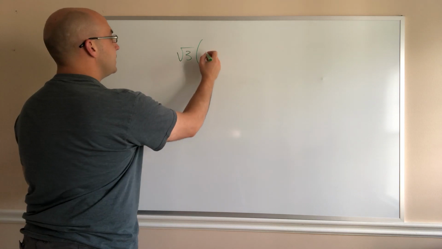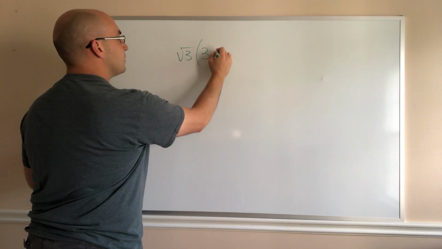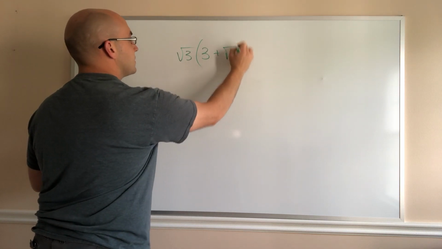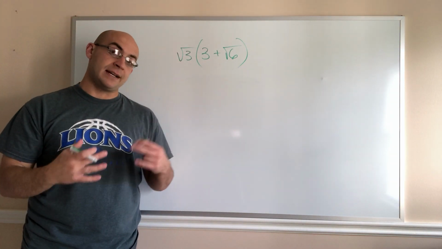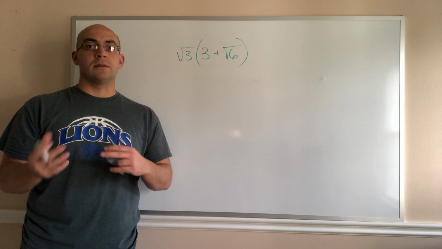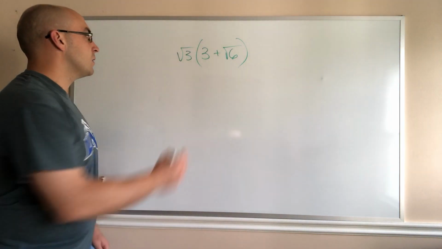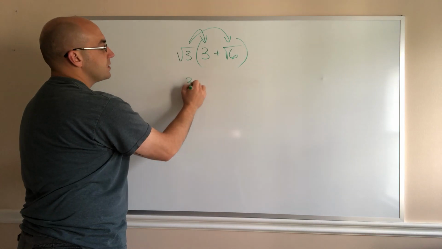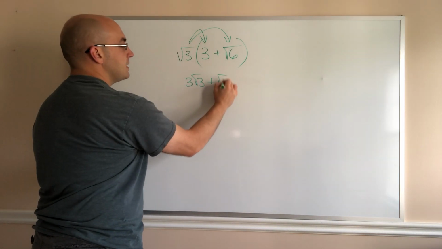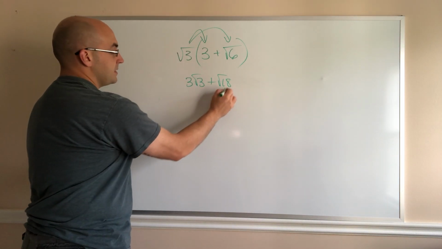Let's go the square root of 3 times 3 plus root 6. So I might give you something like that, and I might ask you, is that an irrational or a rational expression? So don't just take a look at it on face value. You need to go ahead and simplify it. So this would be 3 root 3 plus root 18. But again, this can be simplified.